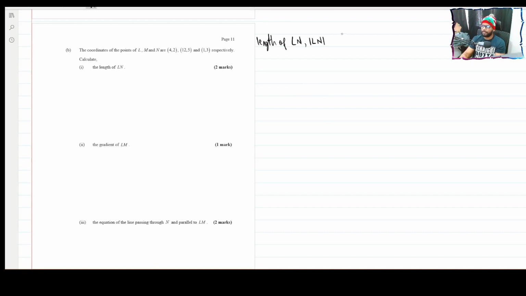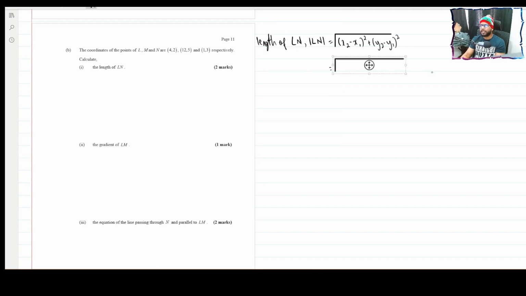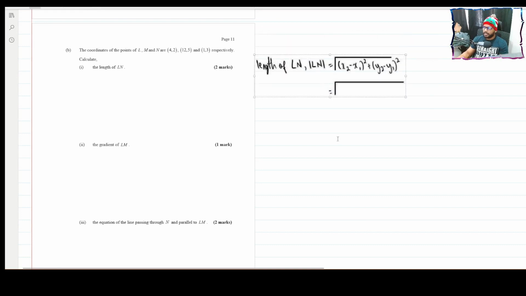Modulus of AB is equal to, put in your formula: the square root of x2 minus x1 squared plus y2 minus y1 squared. Now we have to label x1, y1, and x2, y2. So what I recommend you all do is write down what L and N is and label it. So L is (4, 2), and be careful, N is (1, 3), and be careful.